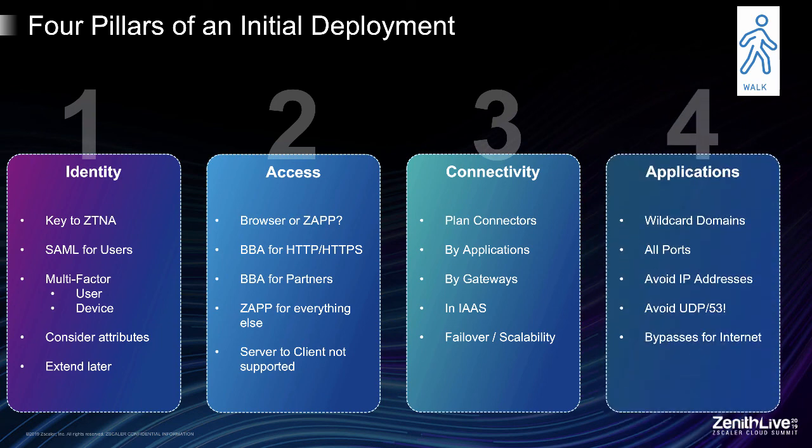And then in terms of the applications, start with the wildcard domains on all ports. Avoid IP addresses, as I said, and avoid UDP port 53. It is really important that we do not see DNS traffic advertised through Zscaler Private Access. And then if you've got a split brain DNS, company.com is your domain, both internal and external, then you want to put in bypasses for anything that's resolvable for the internet.